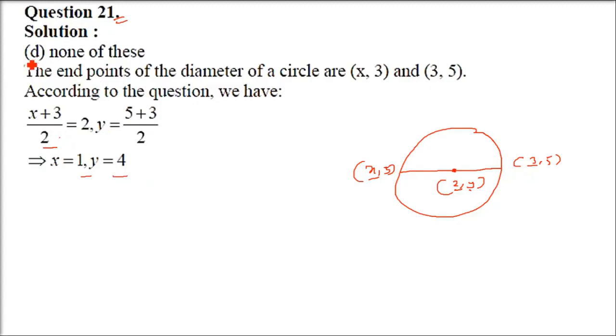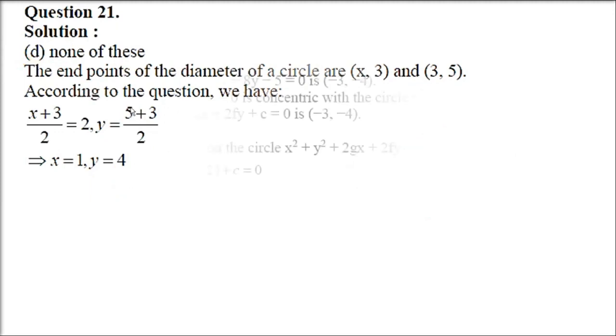We have one more option, which is x equals 4 and y equals 1. So don't get tempted. The answer is none of these. In the exam we are tempted to tick B because we get 4 and 1, but it's actually 1 and 4.